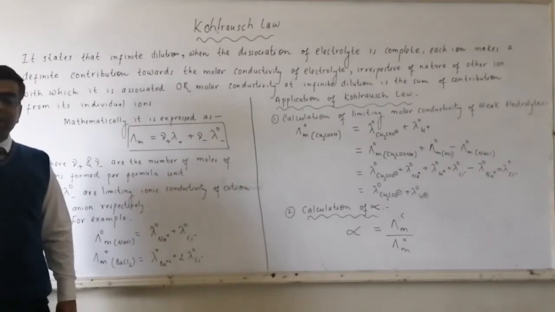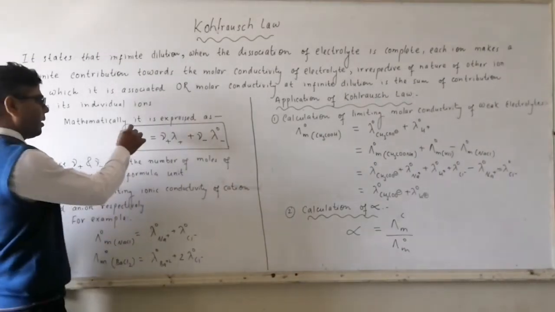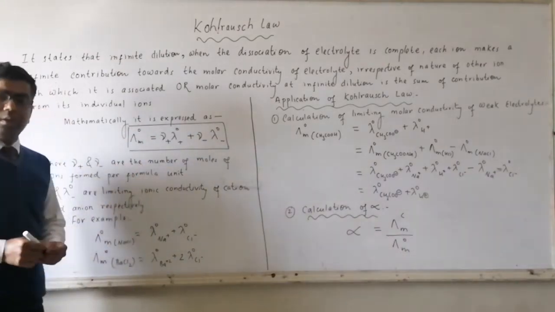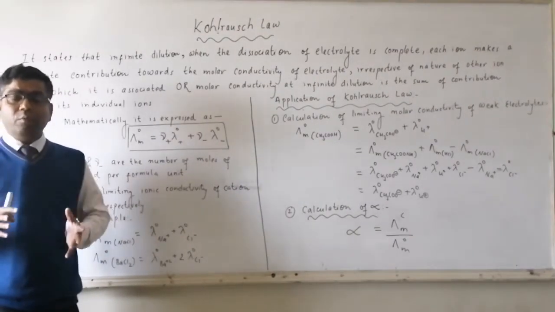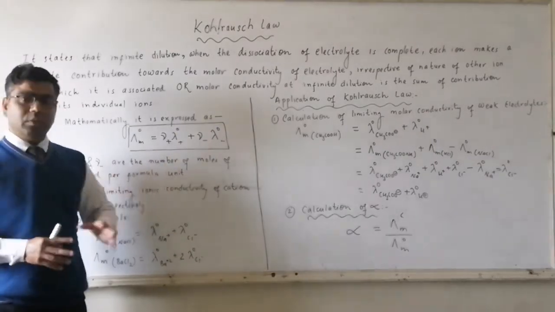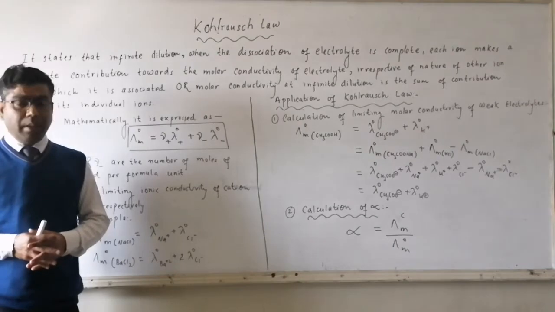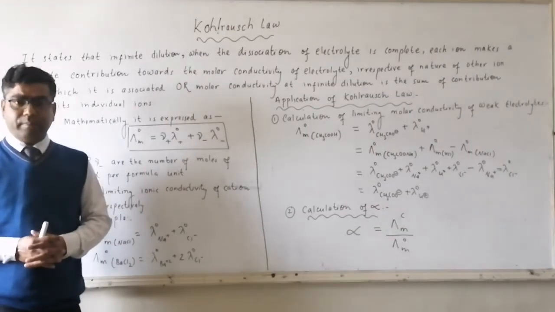This value is not the maximum value, but at zero concentration or infinite dilution, this value becomes maximum. This is the maximum value we can have for any cation, and this is the maximum value for any anion. And remember, these values cannot be changed for a particular ion.